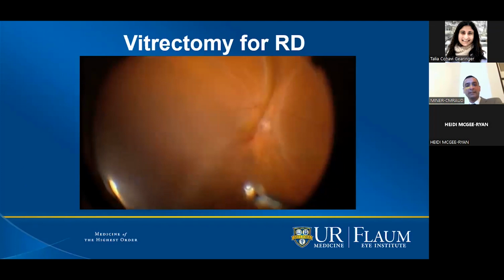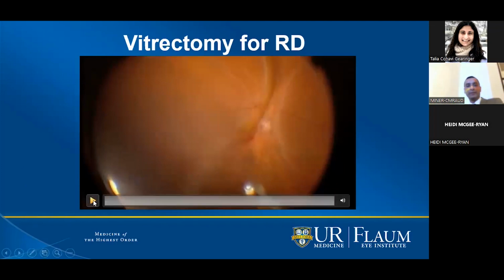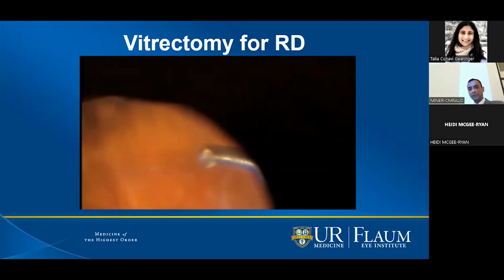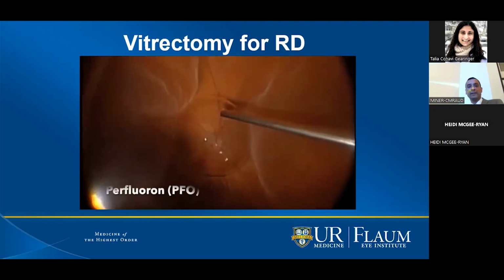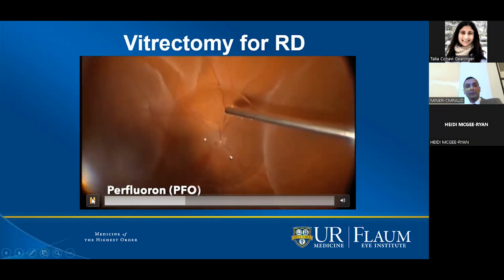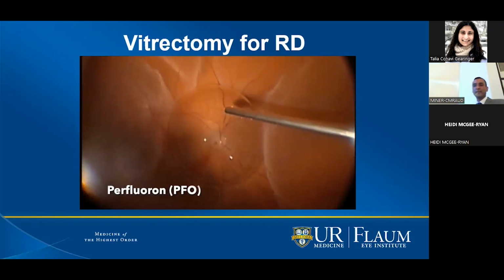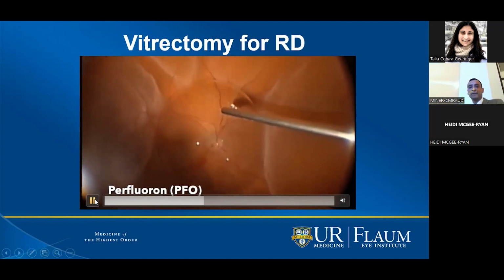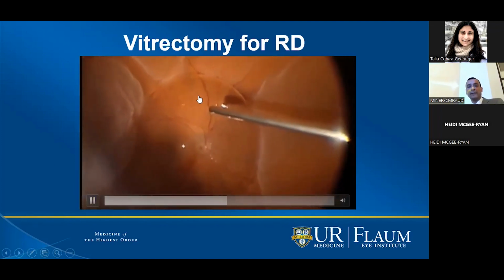So here's an example of a retinal detachment surgery, where the first step would be to do the vitrectomy. You can see the bullous elevated retina there, but in order to flatten it out, we use this heavy liquid called perfluoron. When we inject it, it kind of steamrolls the subretinal fluid out from under so that the retina starts to flatten, and you can see that it's already starting to flatten out there.